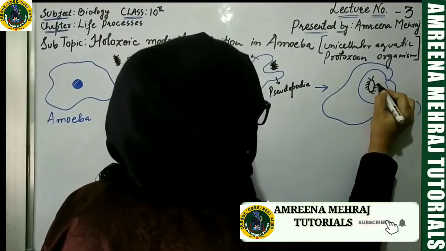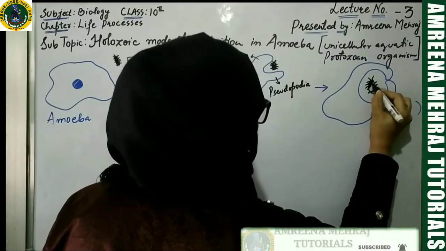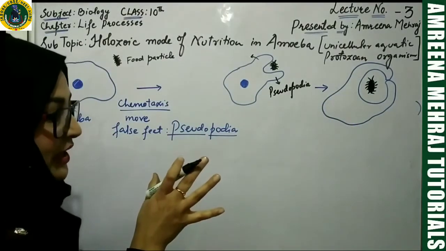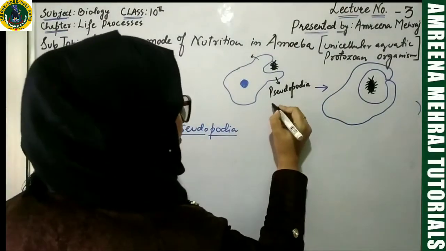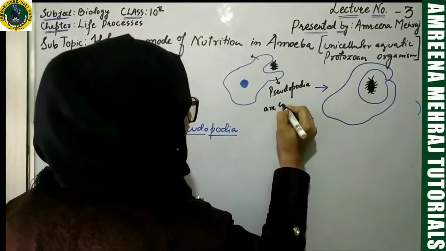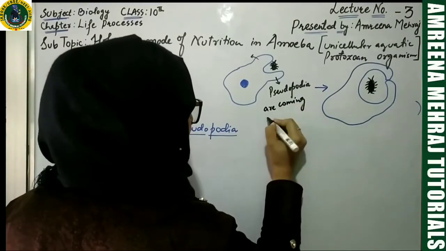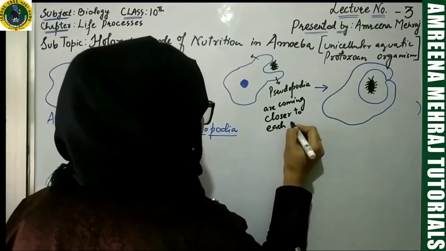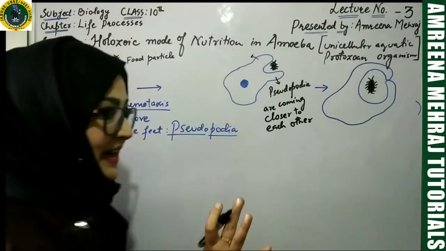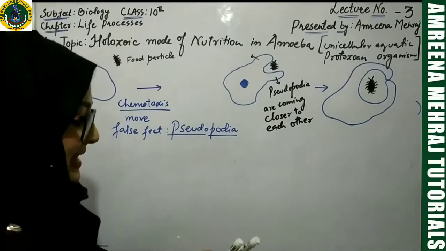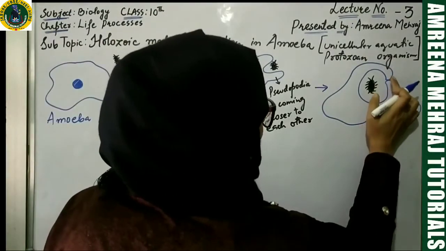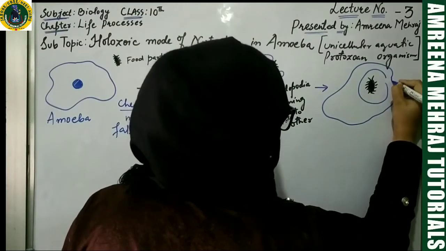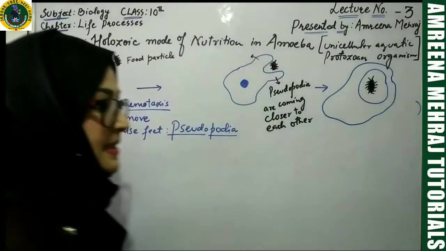What is being done by the amoeba is a kind of act whereby amoeba is trying to trap the food, and it has successfully trapped the food because the pseudopodia are coming closer to each other. And finally they seal up. They get connected with each other like this. This part joins this part and this part joins this part.